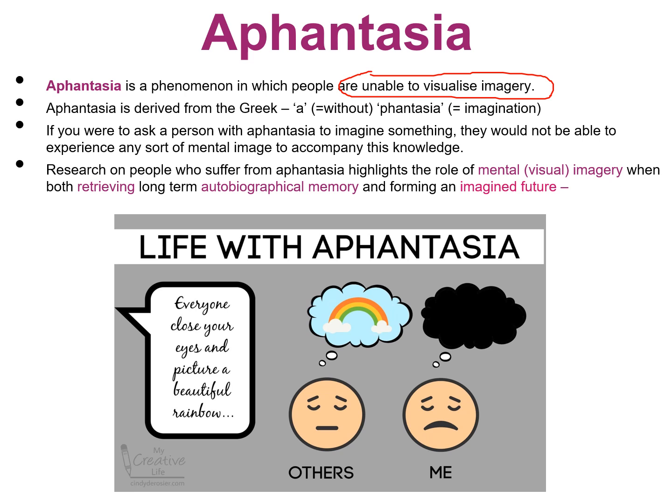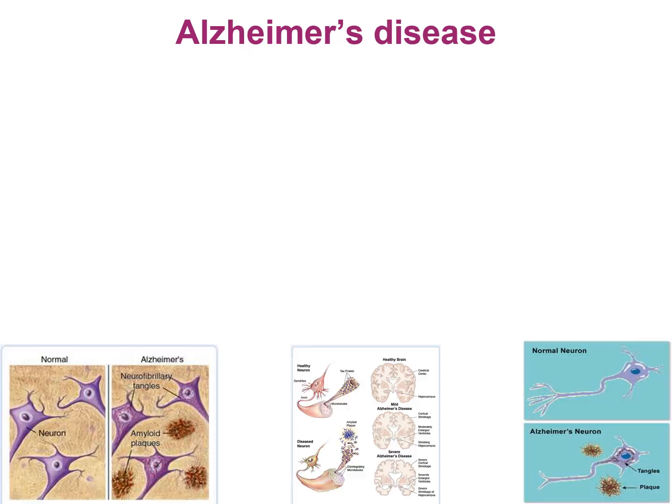But their semantic memory is okay, because if you ask them when's their birthday, what's their name, etc., they're going to be able to store and retrieve that information. They're just not going to be able to visualize it, which will impact their ability to construct an imagined future and retrieve an autobiographical memory.